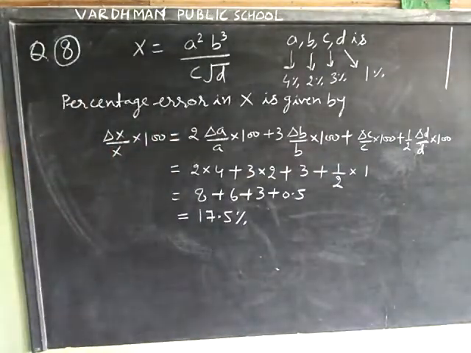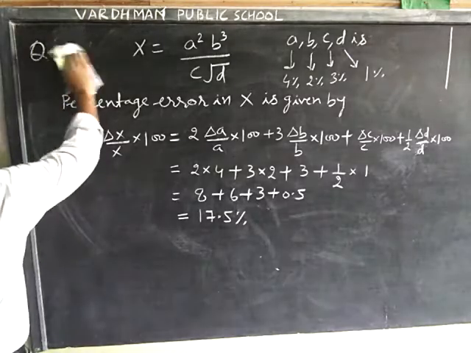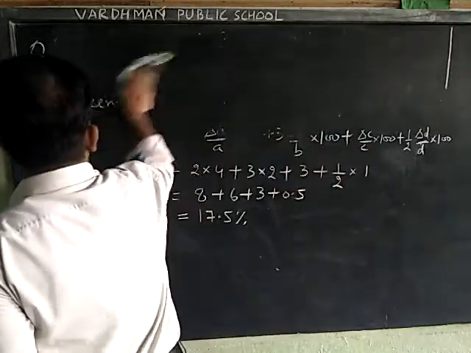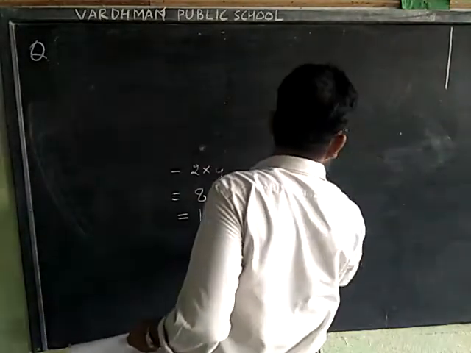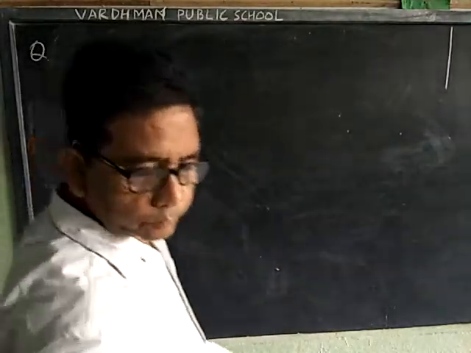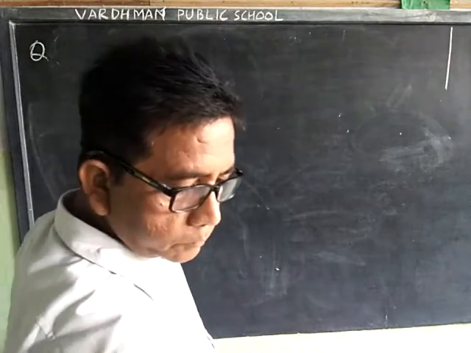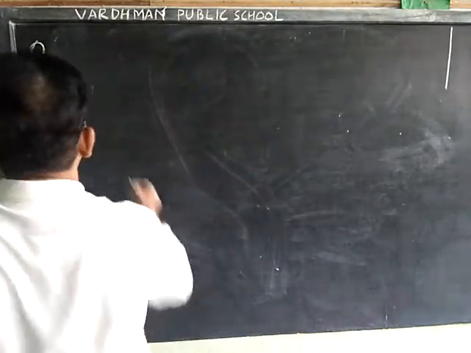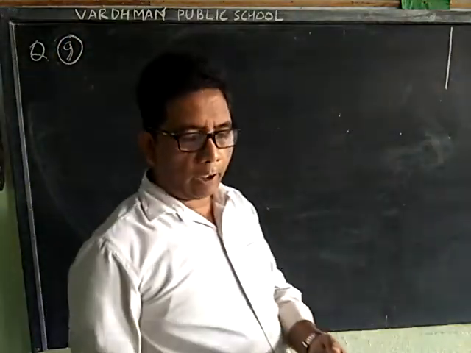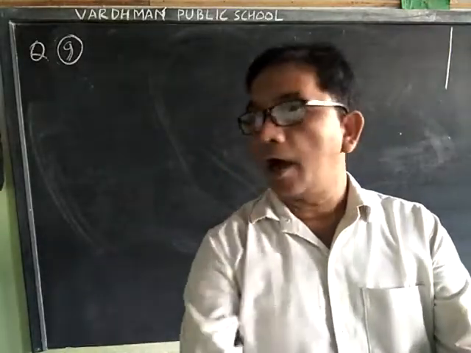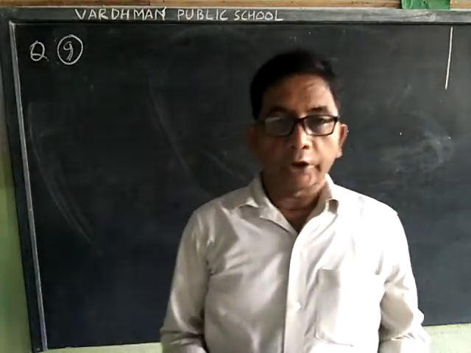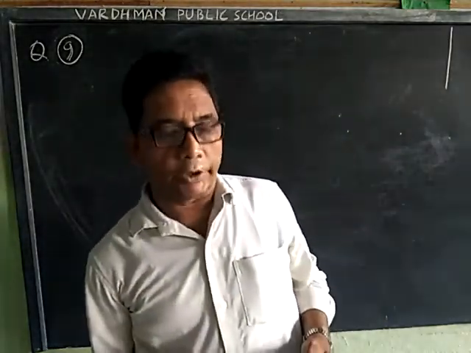Now we will solve question number 9. The next question is question number 9. The period of oscillation of a simple pendulum is T is equal to 2 pi under root L by g.